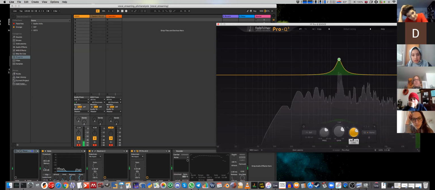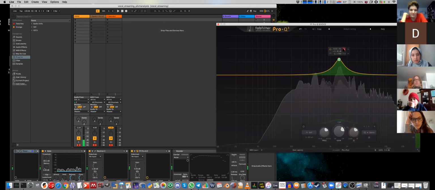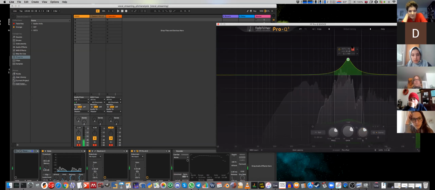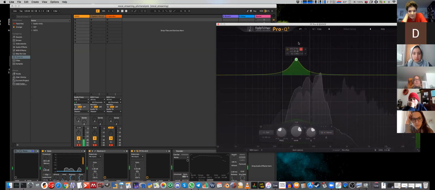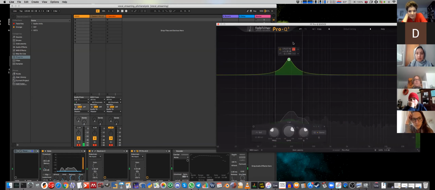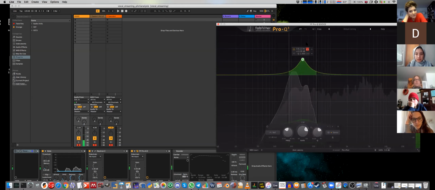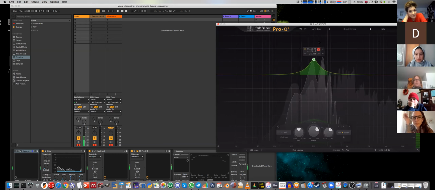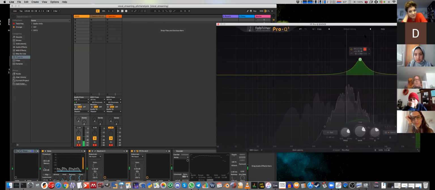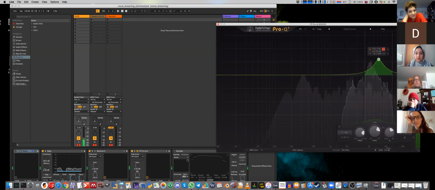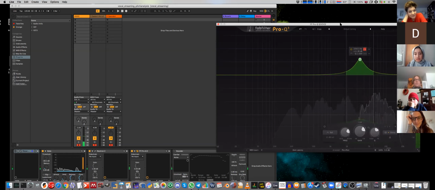But we can play a little bit like this. For instance, we can isolate some of these frequencies, right? And now you see that the lower I move, the lower the pitch of the voice becomes. And if I move it higher and higher, you're just gonna hear the little whisper of my voice like this, right?